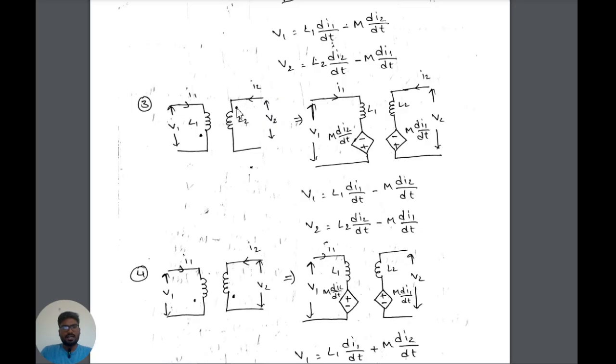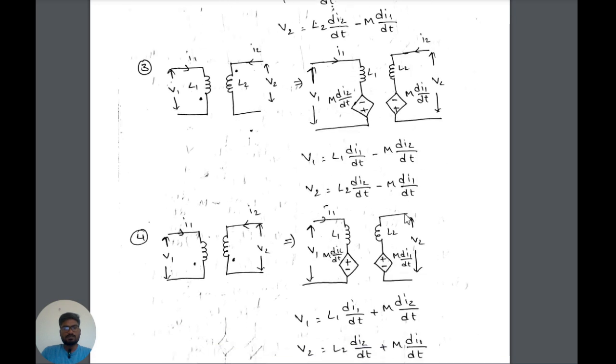Here I2 is entering the dot, so the dotted position will be negatively assigned. As the current is entering, the dotted terminal will be positively assigned. So bottom will be positive and the top will be negative.